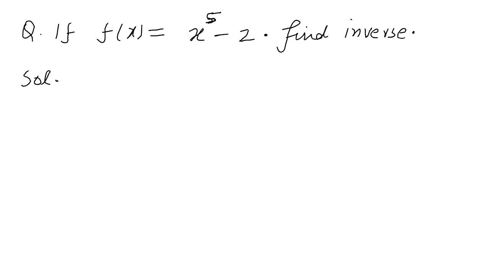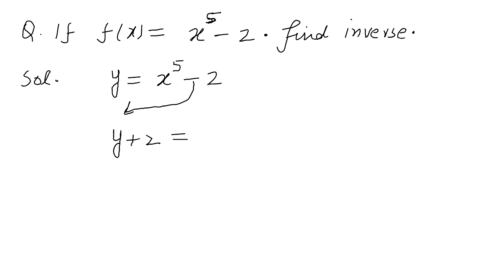First step: write f(x) as y. And this equals x to the power 5 minus 2. Then solve for x. Here the minus 2 moves to the other side, so y plus 2 equals x to the power 5. So x to the power 5 equals y plus 2. After that, what to do?